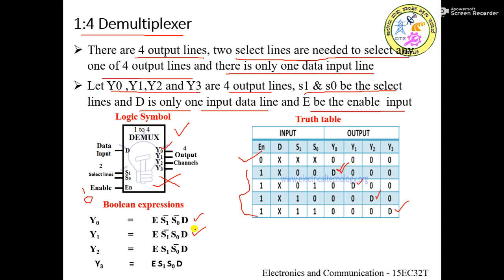So now for these Boolean expressions, how to implement this using a logic circuit? Obviously we need a 4 input AND gate. We will see it here. And since the complemented literals are also there, we need a NOT gate as well. So let's see the logic circuit.